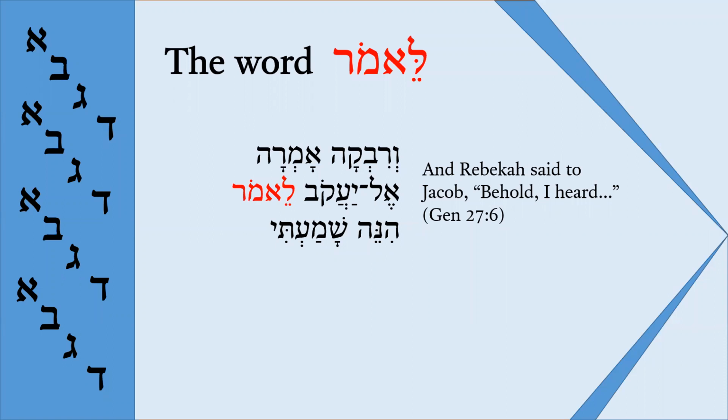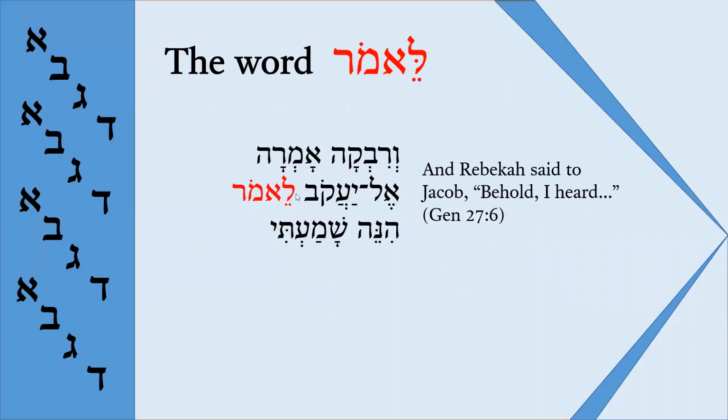Rivka is Rebecca, the first word is Rivka. Amara is from Amar, to say, and it is past tense. So, and Rivka said, El Yaakov, to Jacob, lemor.